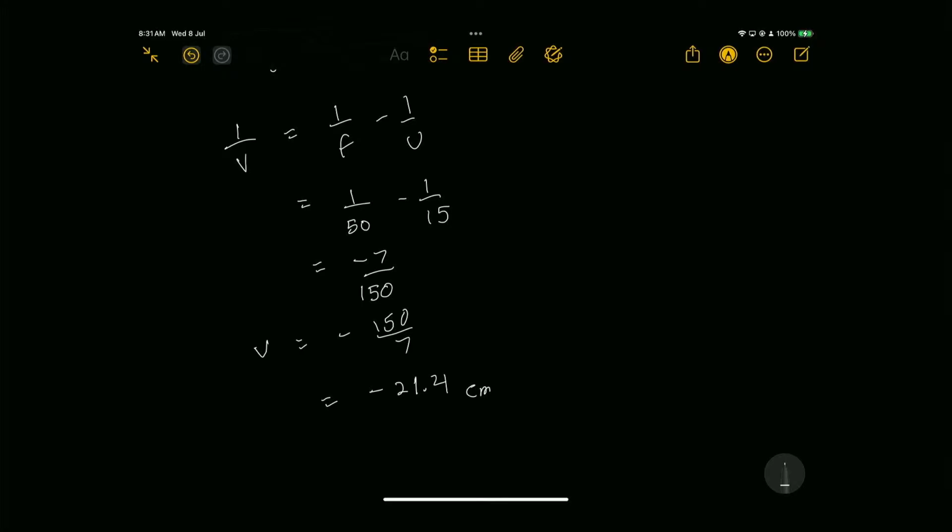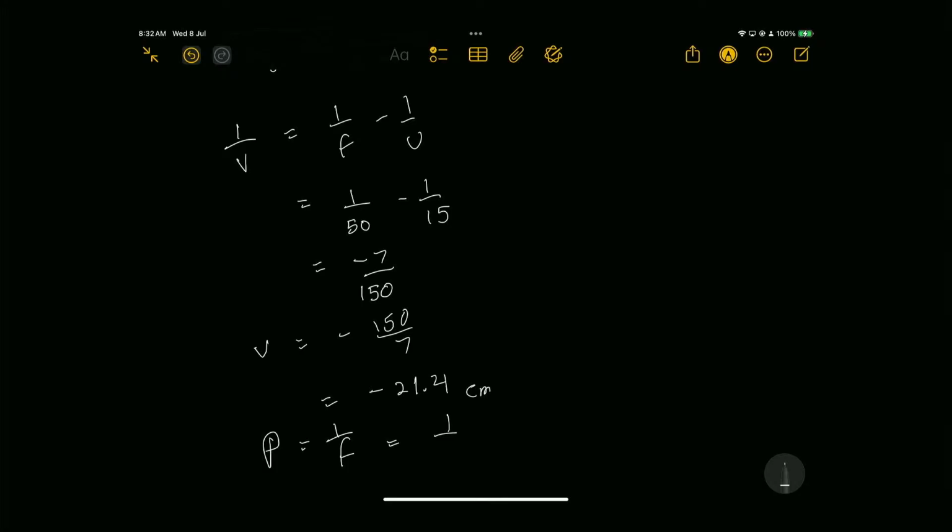Right. Now what if we have to calculate the power of this lens? How do we calculate the power? One over the focal length. Right, so the power is 1 over f, which should be equal to 1 over 50.